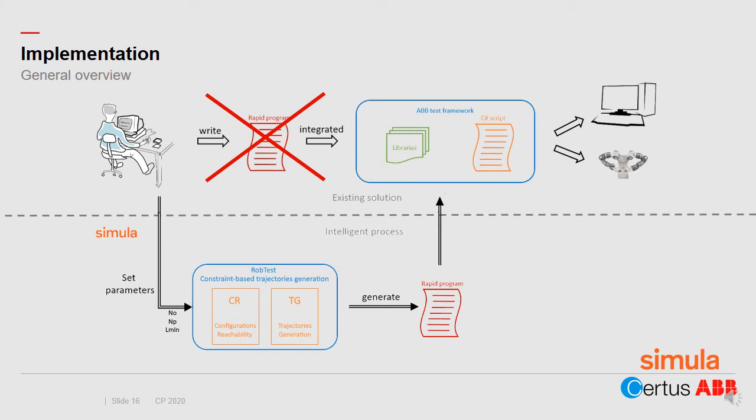So you have RobTest, which is divided into 2 components: the configuration reachability, which is made by RealPaver, and the second component, which is a trajectory generation made by MiniZinc. So the test engineer is selecting and setting the points and obstacles in the working space, and RobTest is generating this test trajectory program. And from this, the program can be launched in the simulated system or a real robot.